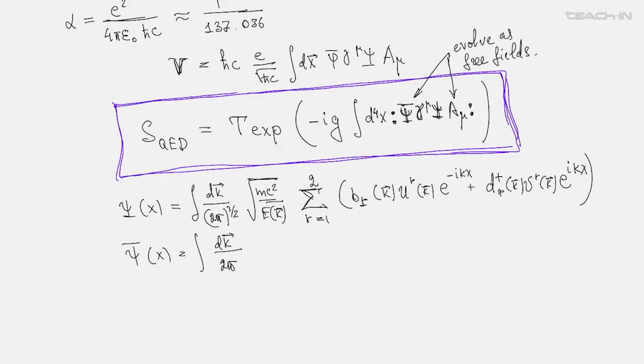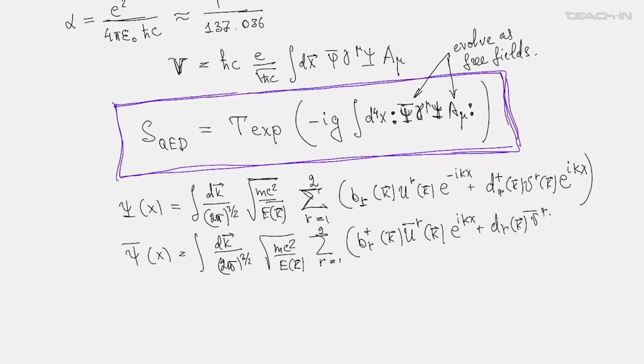Which looks very similar, where instead of b_r you have b_r dagger of k, u bar_r of k, exponential ikx, plus d_r of k, v bar_r of k, exponential minus ikx.